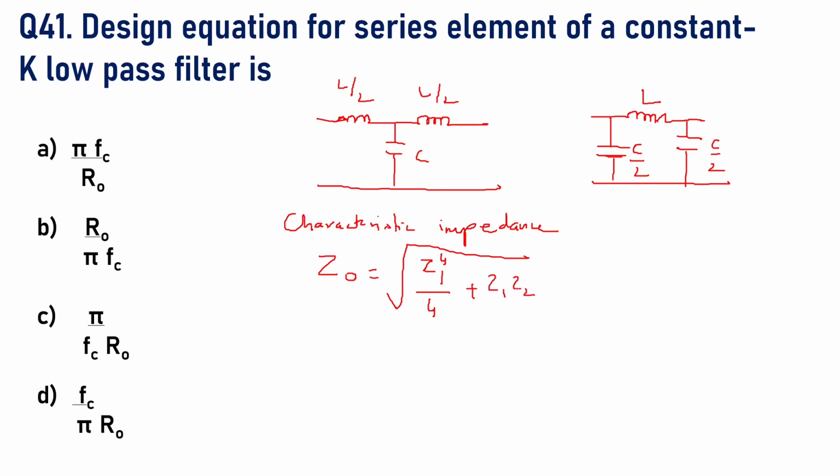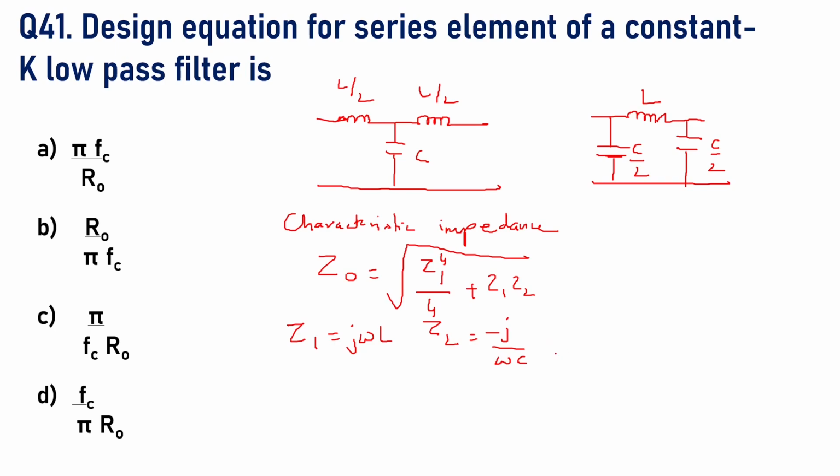Here Z1 will be the impedance in the series arm and Z2 will be the impedance in the parallel arm. So Z1 will be given as j omega L and Z2 will be given as minus j omega C. Now in this case, Z1 into Z2, if you do, it will be j square minus 1.